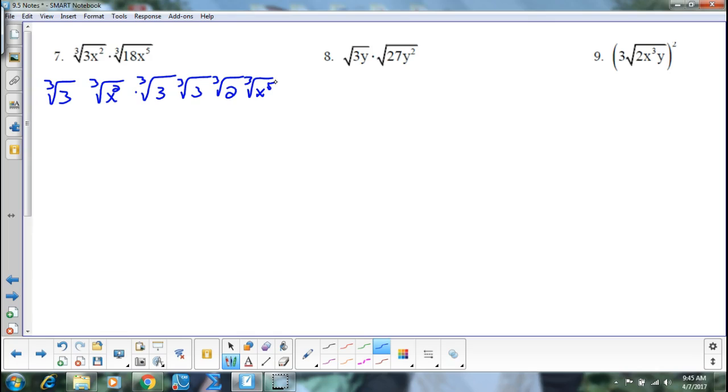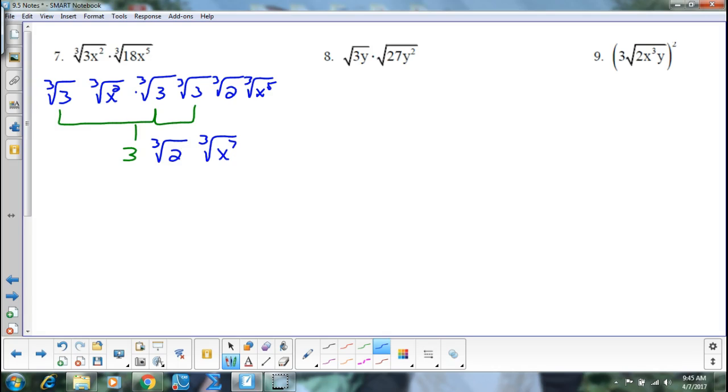Now, why did I do cube root of 3 and cube root of 3 instead of cube root of 9? Because now there's 3 of them, right? So these 3 all get me a 3. Then I'm left with the cube root of 2 and the cube root of x to the 7th.